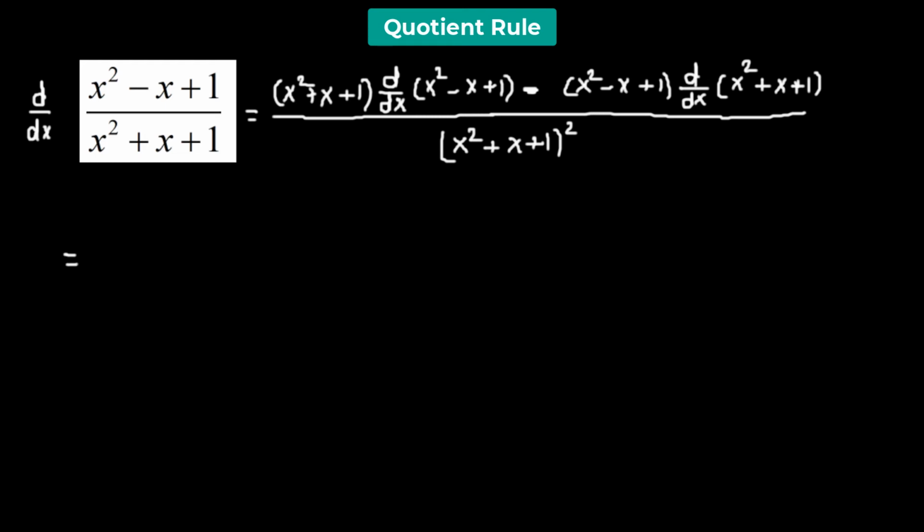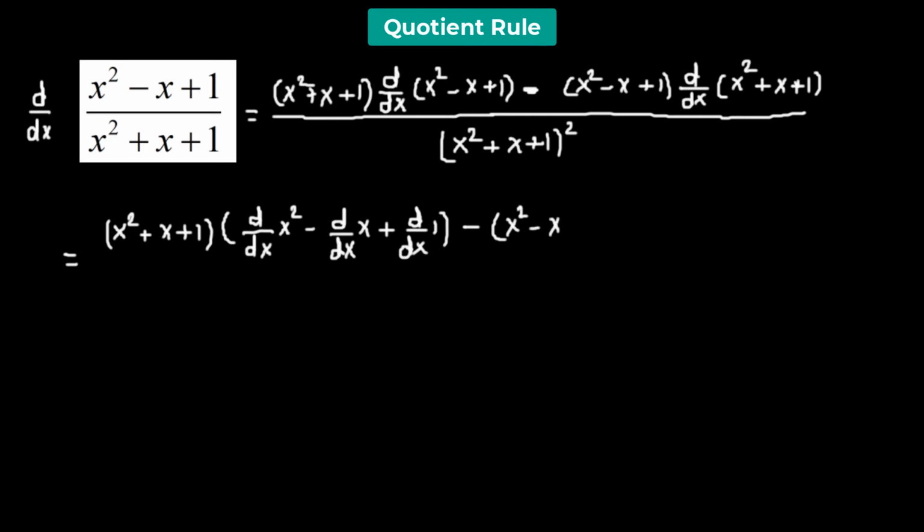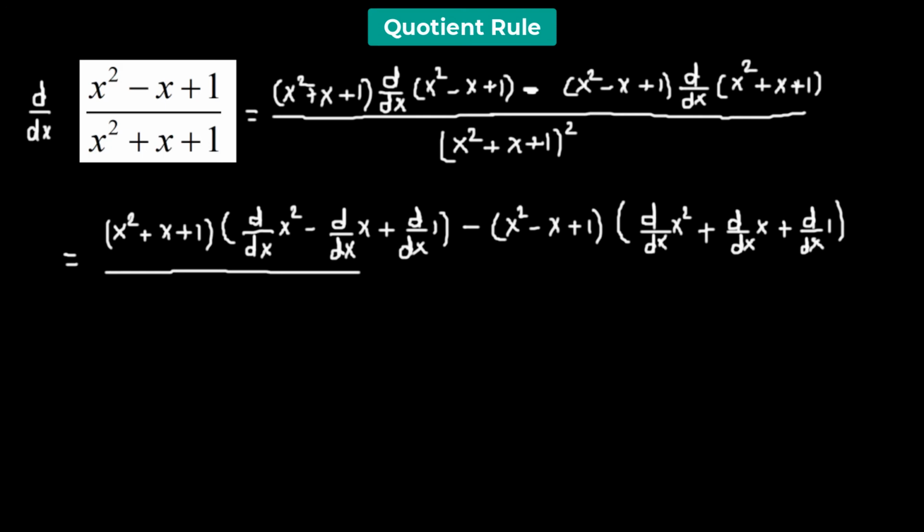That will give us x squared plus x plus 1 multiplied by the derivative of x squared minus the derivative of x plus the derivative of 1, minus x squared minus x plus 1 multiplied by the derivative of x squared plus the derivative of x plus the derivative of 1, whole divided by x squared plus x plus 1 whole squared.